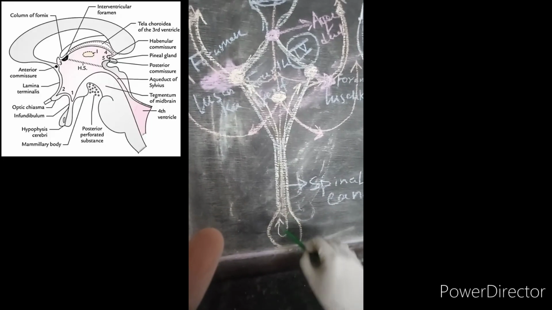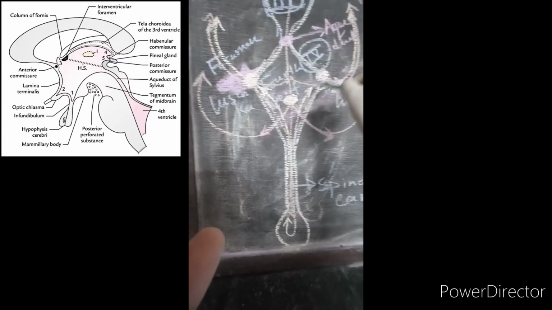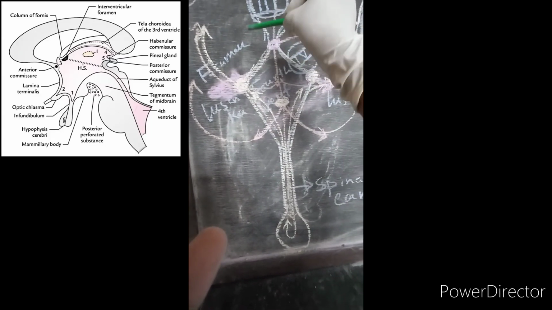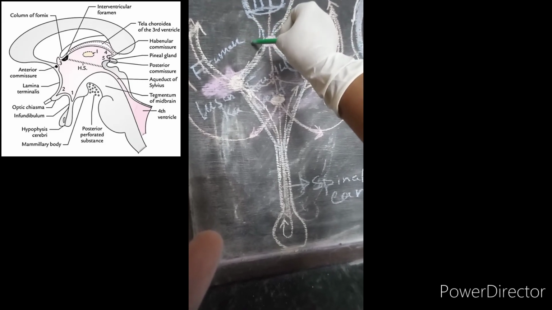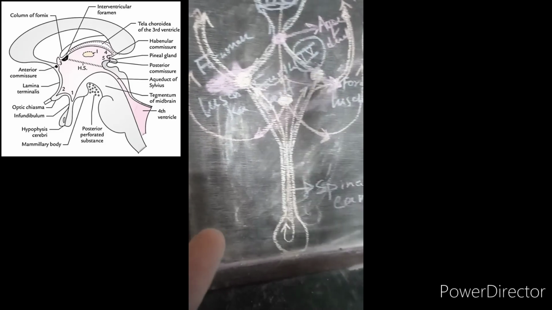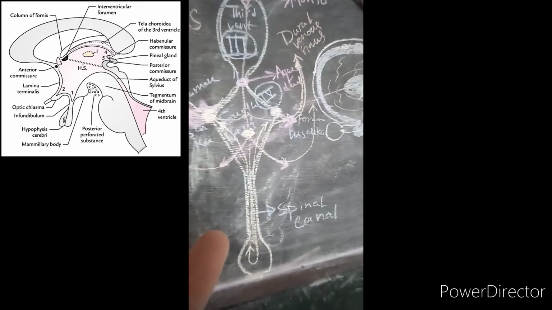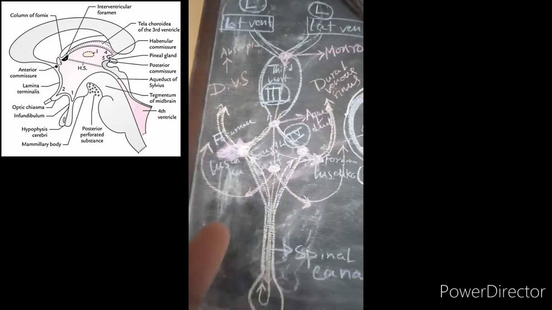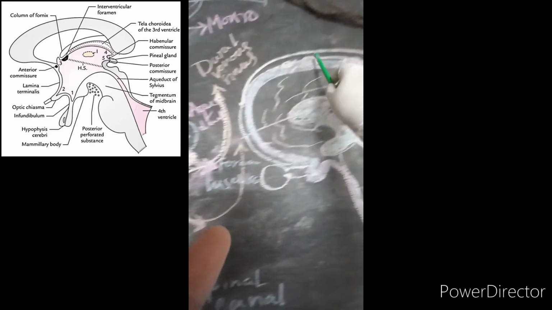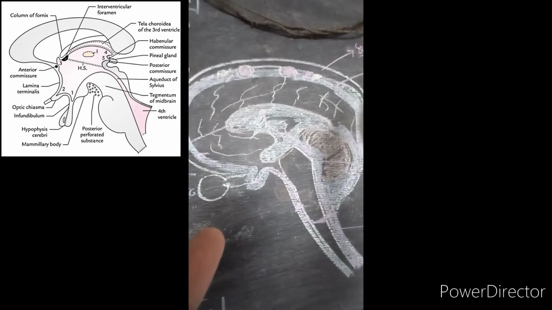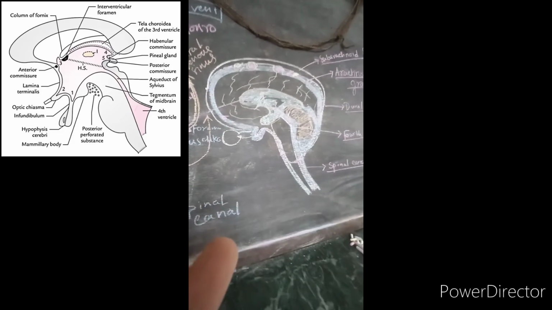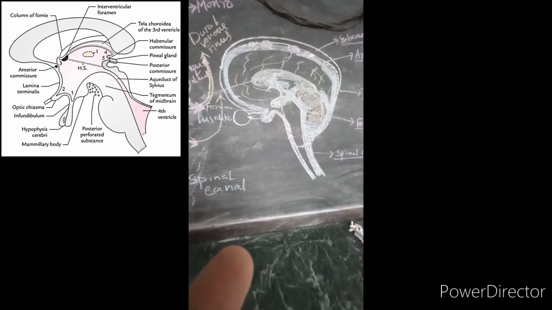This part again goes back and through these apertures goes into the subarachnoid spaces, the cisterns, and then into the dural venous sinuses, where it is absorbed through the arachnoid granulations. Okay, you can see here this arachnoid granulation. So, that is all for the ventricular system. Thank you.